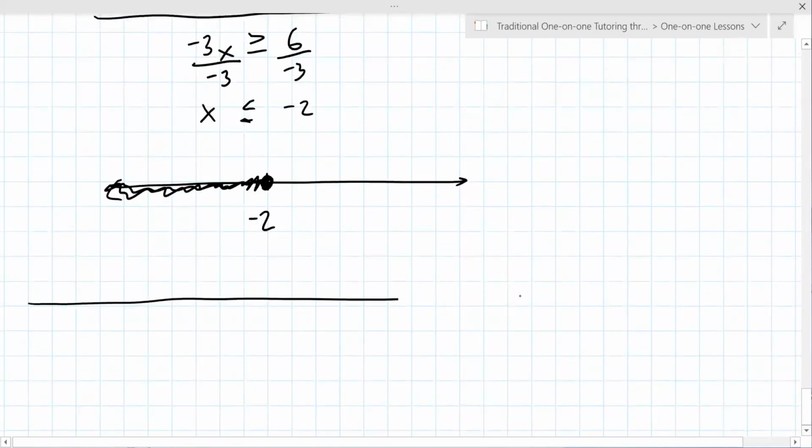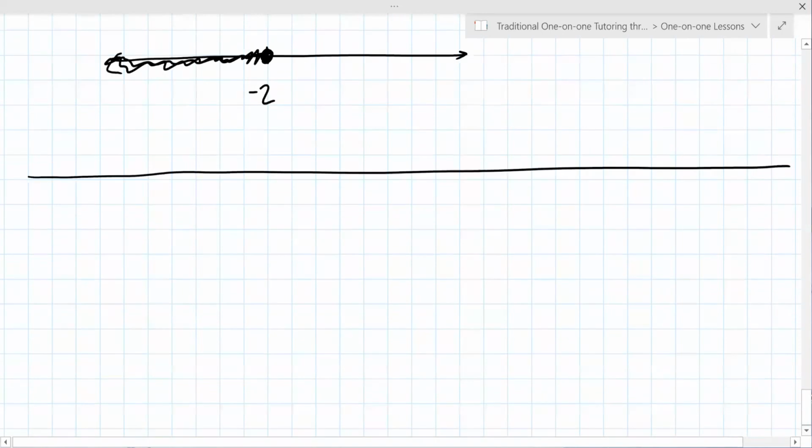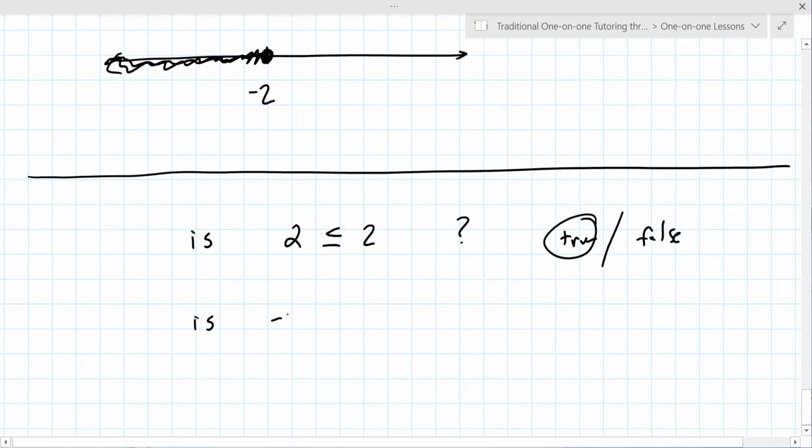Very good there. So here's a couple of other questions to ask you. Is 2 less than or equal to 2? This is like a true false. Is this a true statement? It's a true statement. It sure is. Is negative 2 less than negative 2?